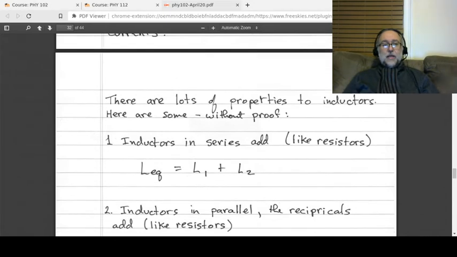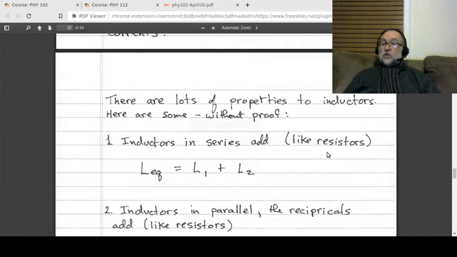The first thing is, like when we had resistors and capacitors, inductors are yet another electronic device. Well, remember resistors in parallel and resistors in series. Resistors in series, they add. Inductors do too. So if you have two inductors in series, one inductor right after another, the equivalent inductance is just the sum of the two inductances.